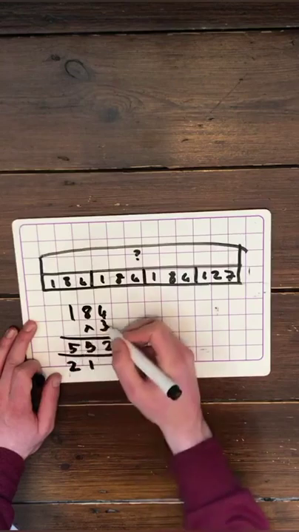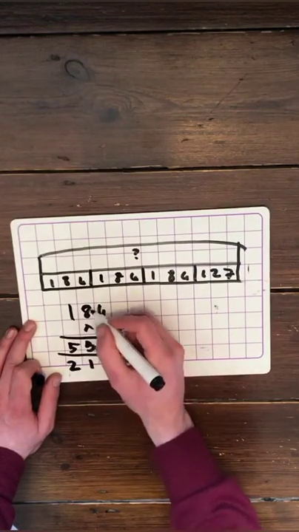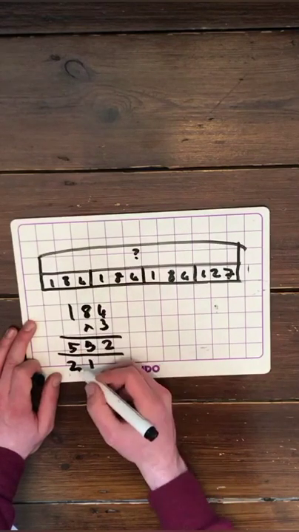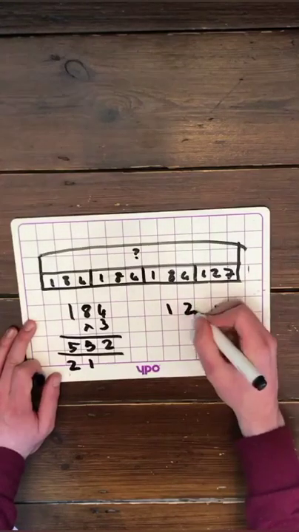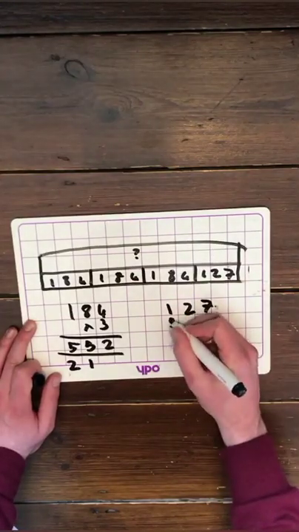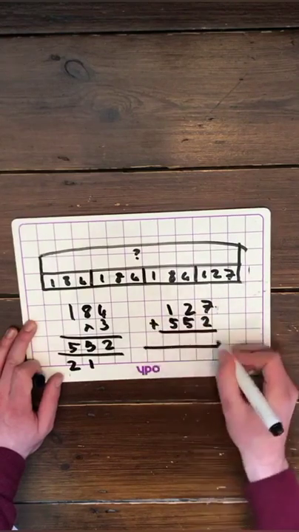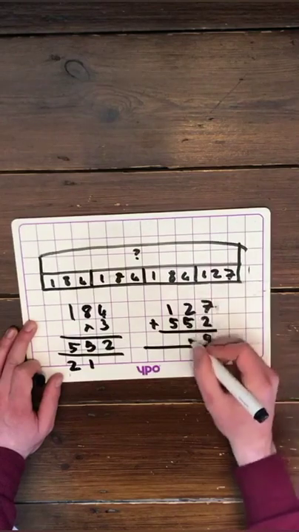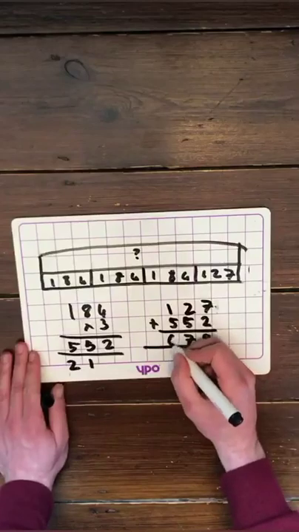Let's just double check that. 3 times 4 is 12, carry the 1. 3 times 8 is 24 plus the 1 is 25. 3 times 1 is 3 plus 2 is 5. Remember, we now need to add our 127. Using column addition. 2 add 7 is 9. 5 add 2 is 7. 5 add 1 is 6.